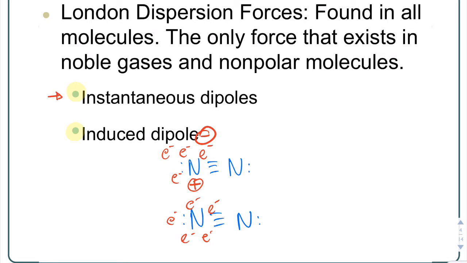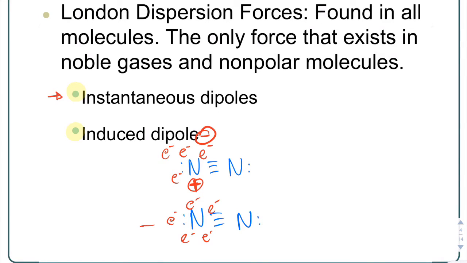Now, if the neighbor is close enough, remember with our gas laws, the only time that this worked was if the particles were under super high pressure or very low temperatures, because they had to get them in close proximity to one another. If it's not close, this doesn't happen. But if these two nitrogens are very close together, what is going to happen if you drop a positive right there?